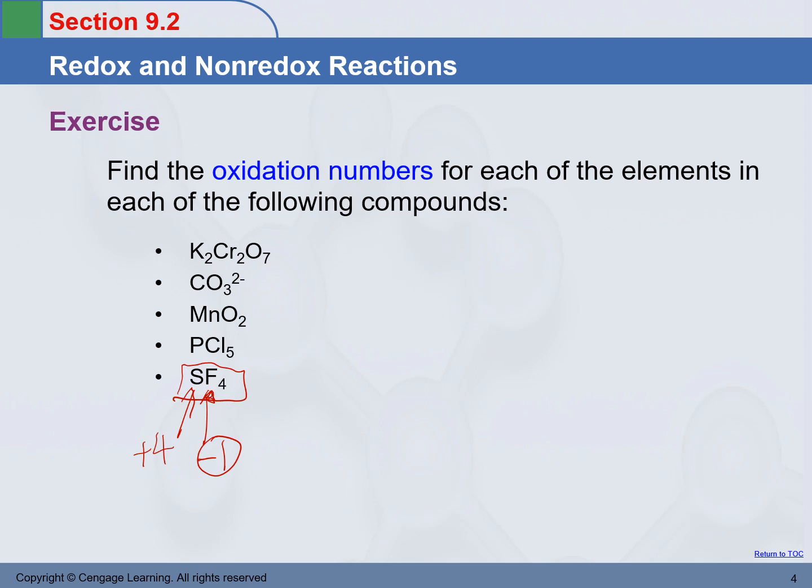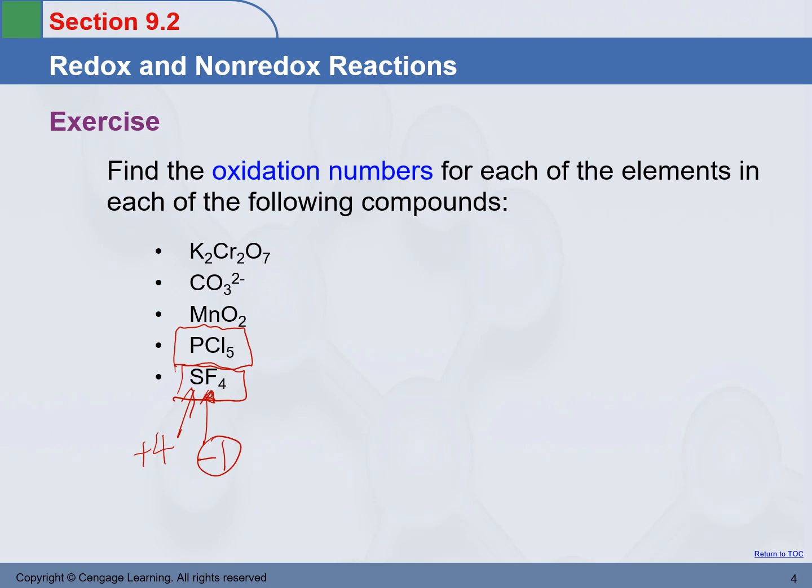If you understand this, do phosphorus trichloride. You can pause the video and do this one. This is also a binary molecular compound, which follows rule number 6 on the last slide. Once you're done, come back, we'll do the others, and after we finish, we'll look at the answer key.